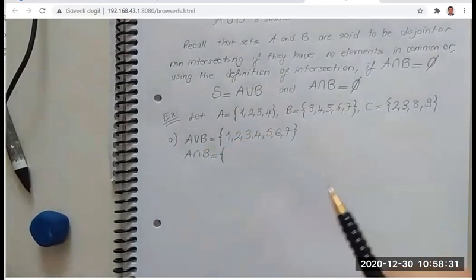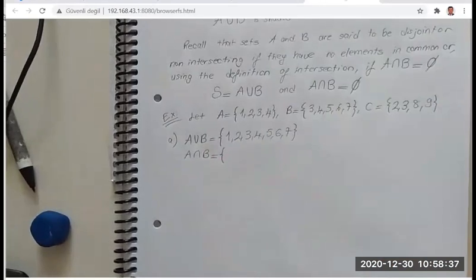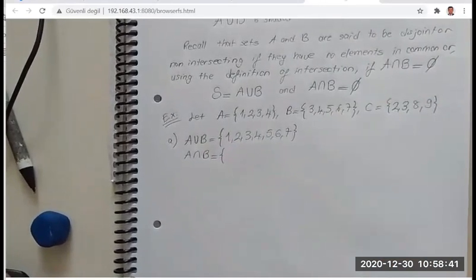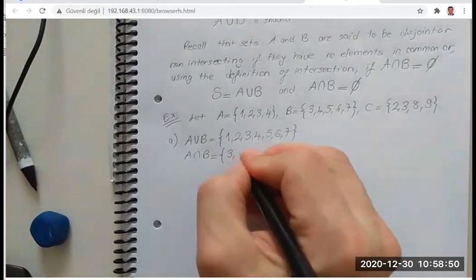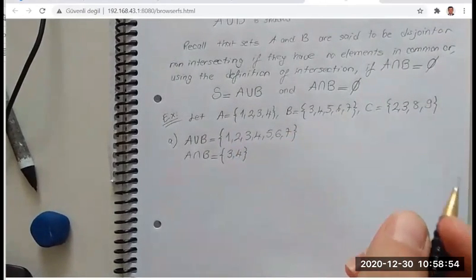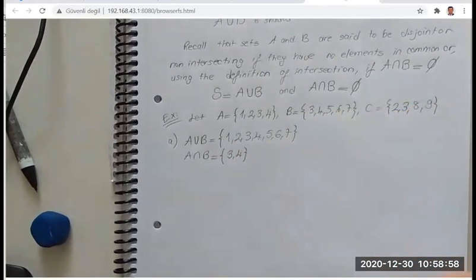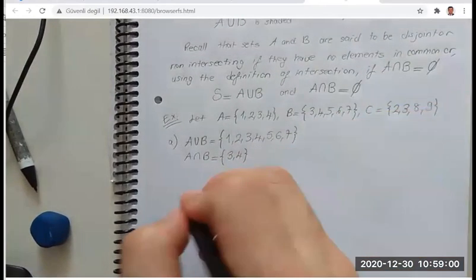So what is the common element for A and B? Do you hear my voice? Yes. Okay, 3 and 4, yes. You can hear my voice, and 3 and 4 are the intersect of A and B. Okay, A union C, that's right here.